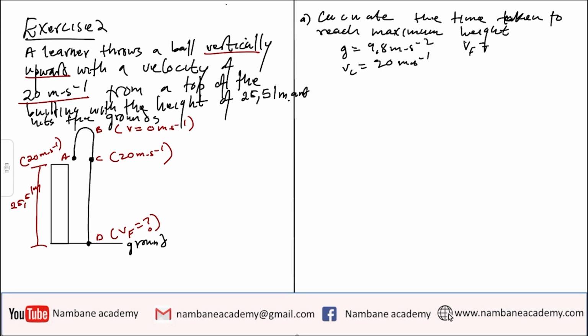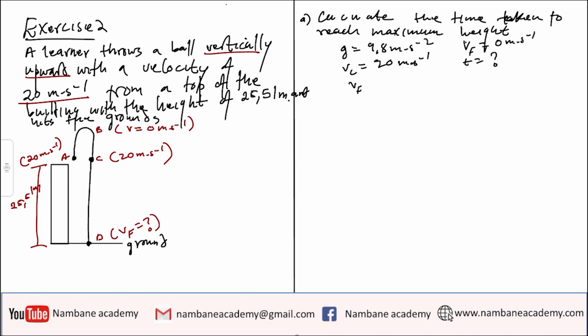We know the principle to say at the maximum height V final is equal to 0. Okay, we will add it: 0 meters per second. What is the question? It is the time.